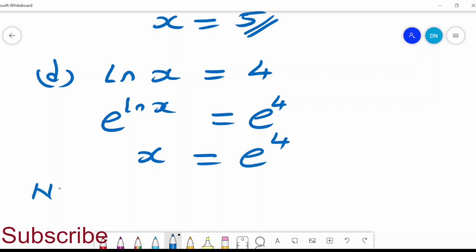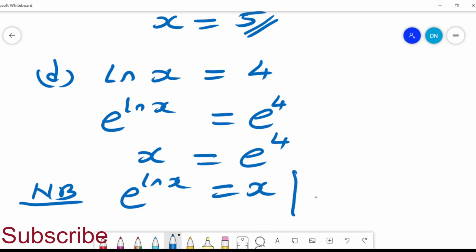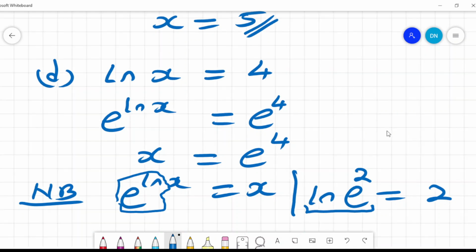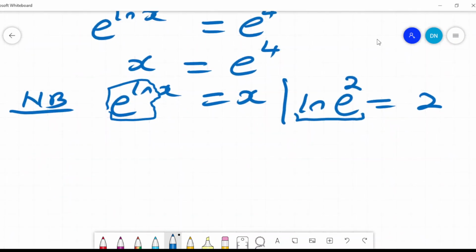What I want you to keep in mind is that e to the ln of x will be x, and if it was ln of e raised to power maybe 2, it will just be 2. ln and e normally cancel each other out. These two will always cancel each other out. So that's the knowledge that I've used to be able to solve that equation.